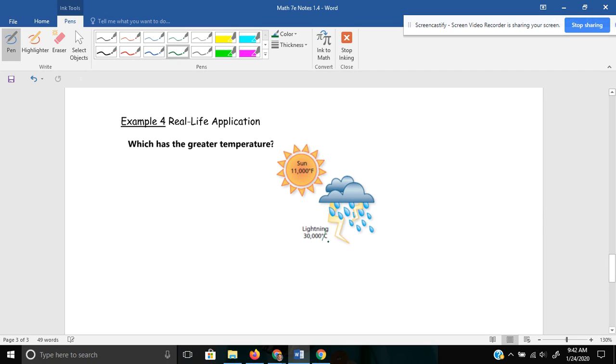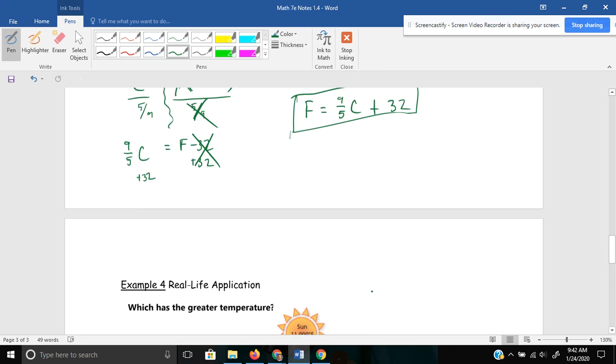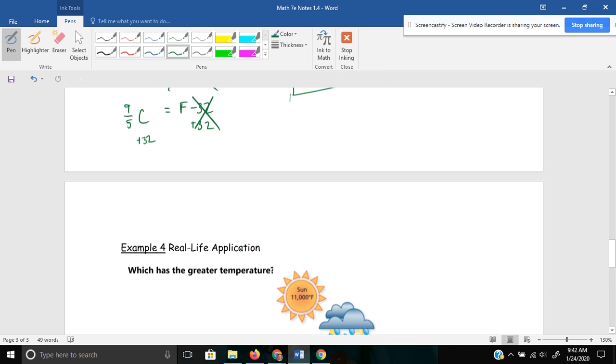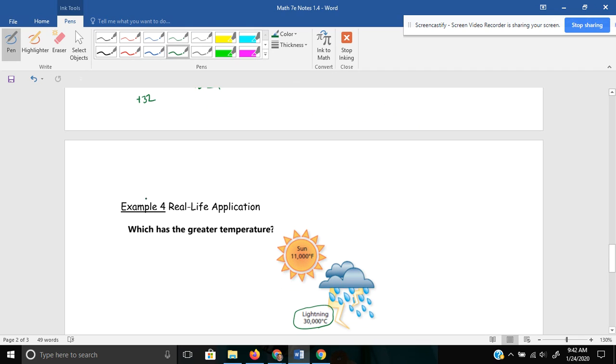I'm going to change this Celsius into Fahrenheit because I am familiar with Fahrenheit and how that feels. So I'm going to use my Fahrenheit formula that I just figured out: Fahrenheit is equal to 9/5 times Celsius plus 32.